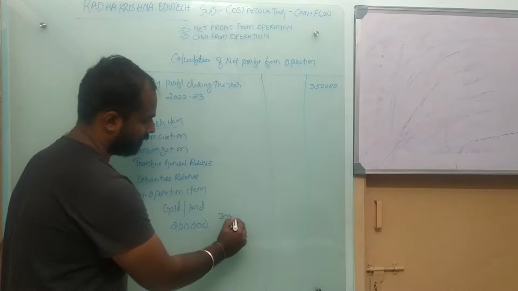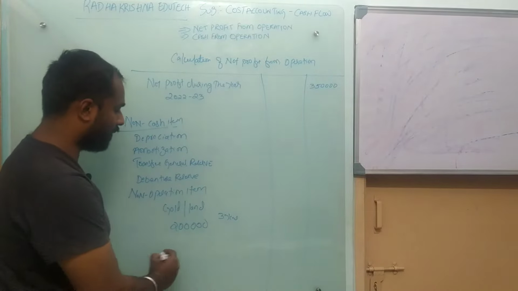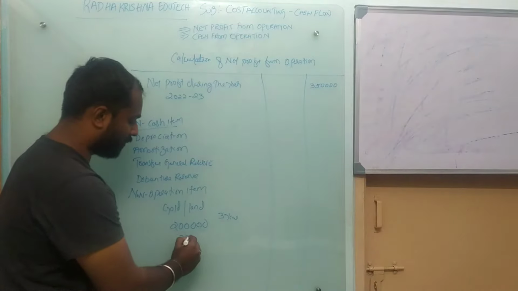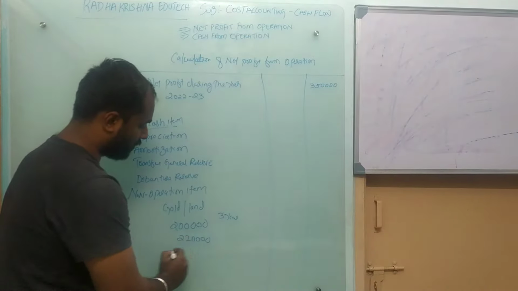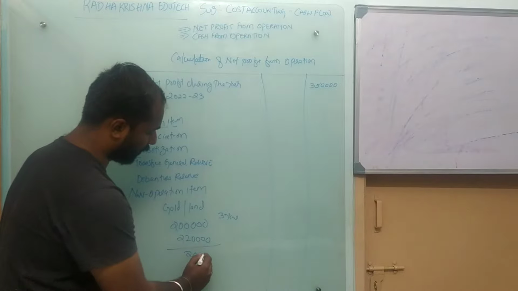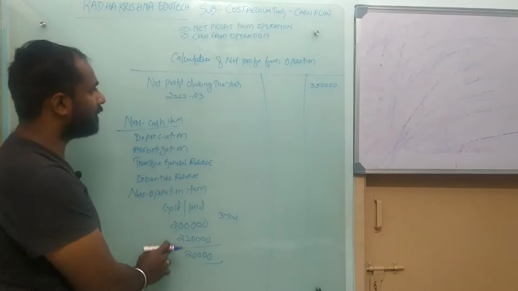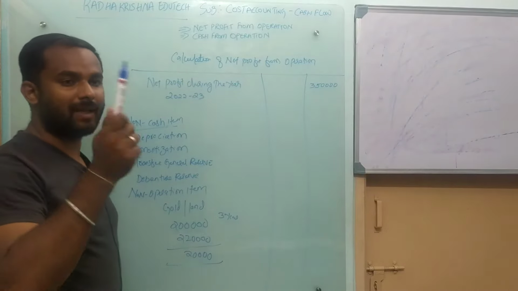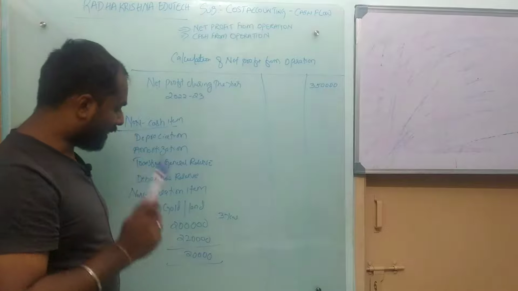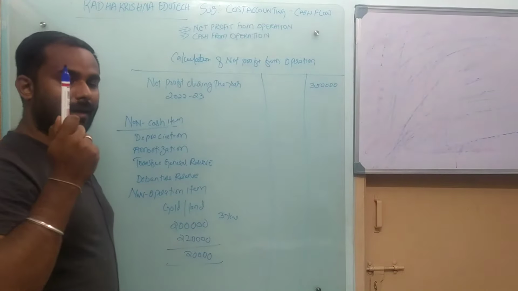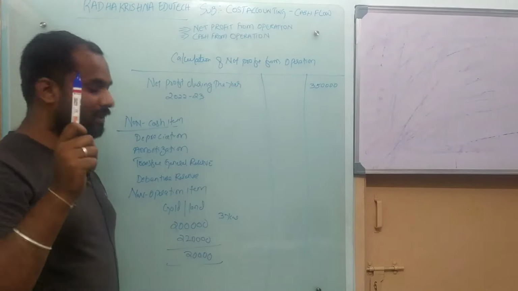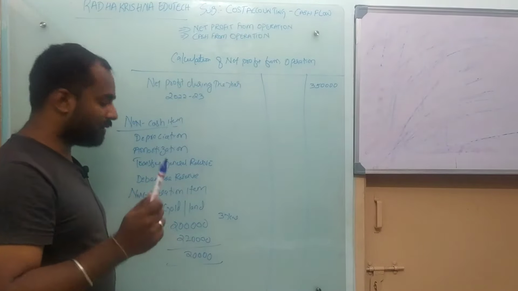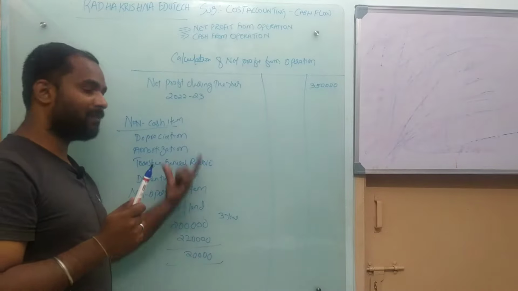At the end of these 3 years you would have sold this investment and got 2,20,000. So out of this, 20,000 is your profit. But this 20,000 is not related to your operation. For example, I am doing a business of selling marker pens, but this 20,000 is not earned by selling marker pens, it has been earned by investing. So this will not be considered as profit from my operation.